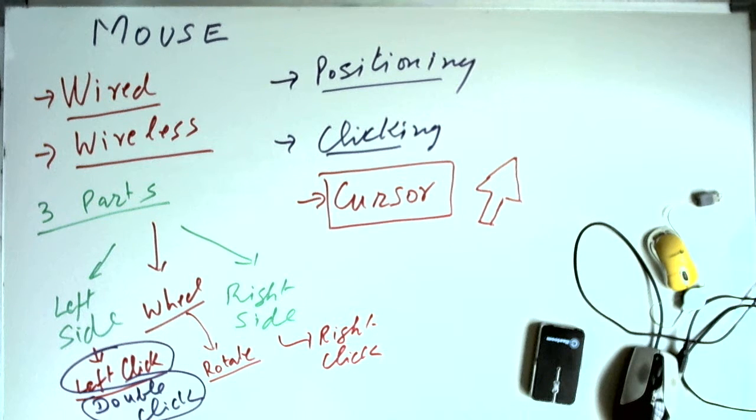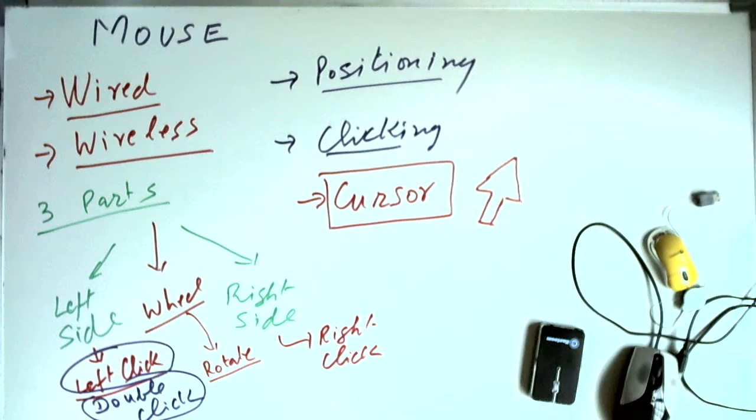If you move the mouse horizontally, left, right, or up, down, or diagonally, you can move in any direction, the arrow will also move accordingly. Arrow will move on the screen, and the mouse is moving on the horizontal surface. So at any point of time, there is a direct connection between the mouse and the arrow.